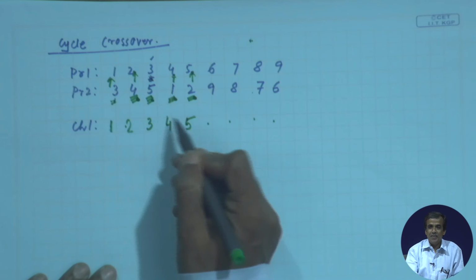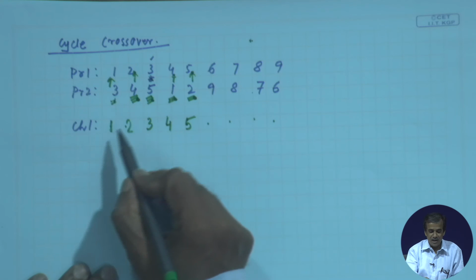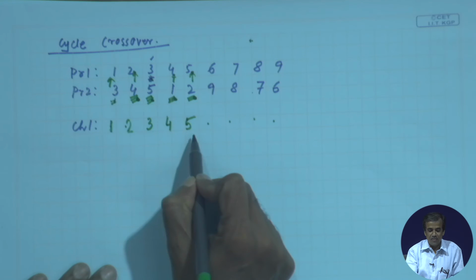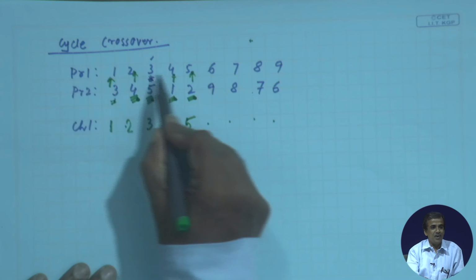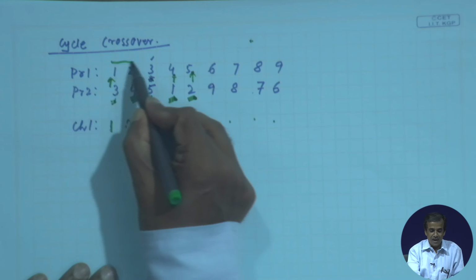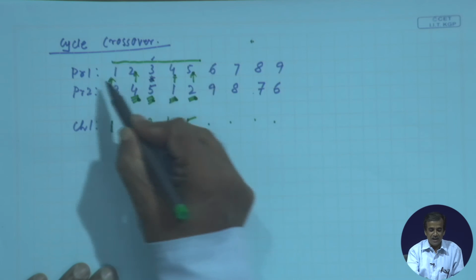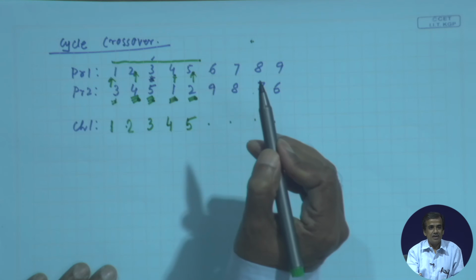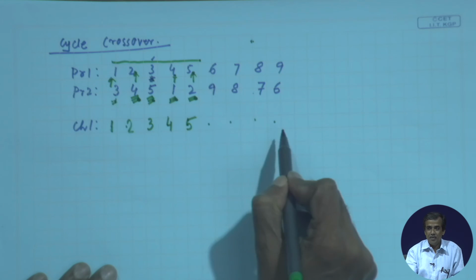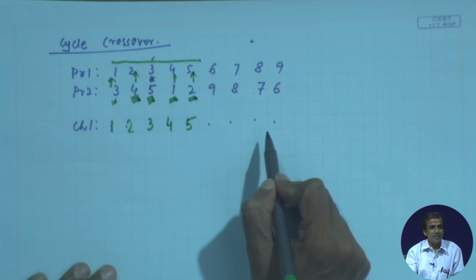The cycle is completed now, and you see on child 1 all such CTs like 1, 2, 3, 4, 5 we have taken from parent 1 only. You can check that all are taken from parent 1. The remaining or vacant positions are to be taken from parent 2.